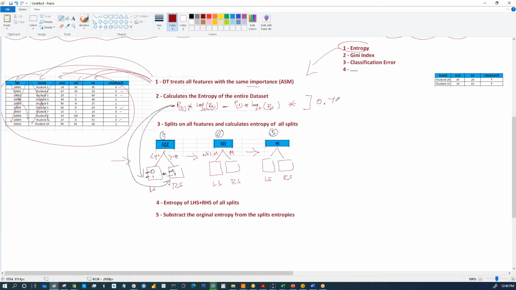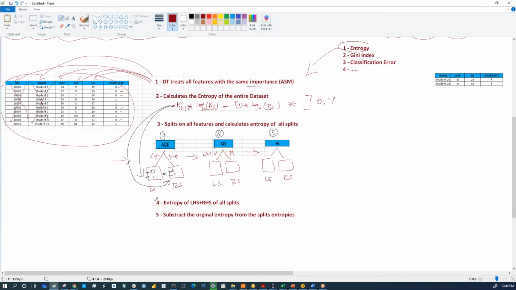So we are 70% uncertain if we were to determine if student 20 and 21 will graduate. We are 70% uncertain to determine that. And the closer the entropy value is to 0, the better.